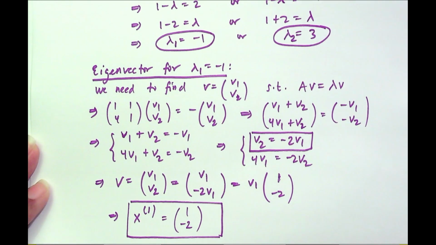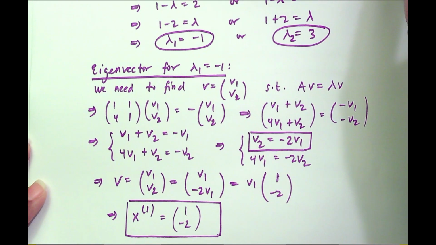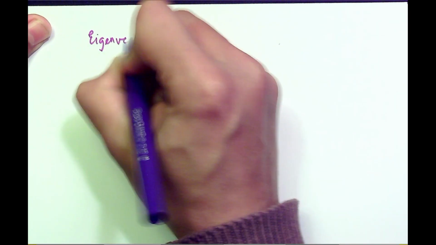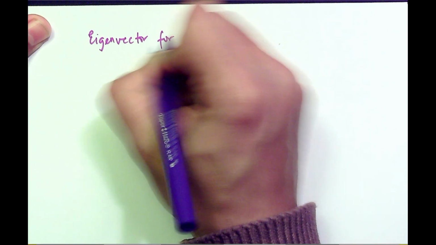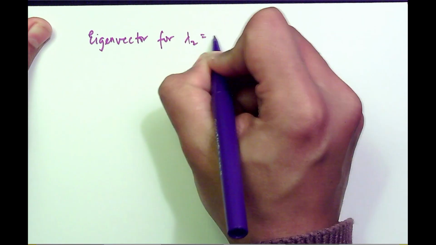Okay, now let's find the eigenvector for the other eigenvalue. So I'm going to continue on another page. So find the eigenvector for lambda 2, which we found to be 3.